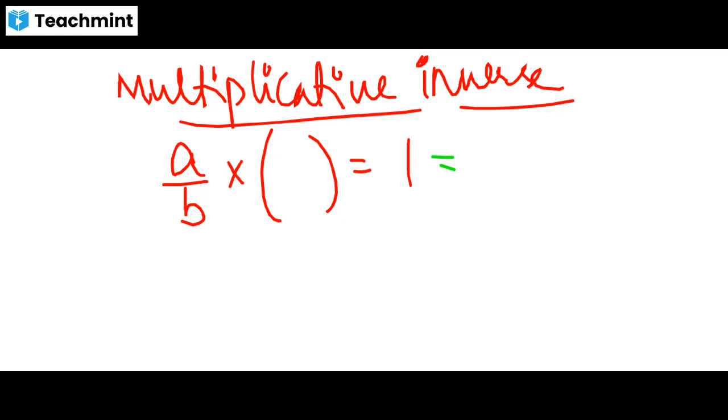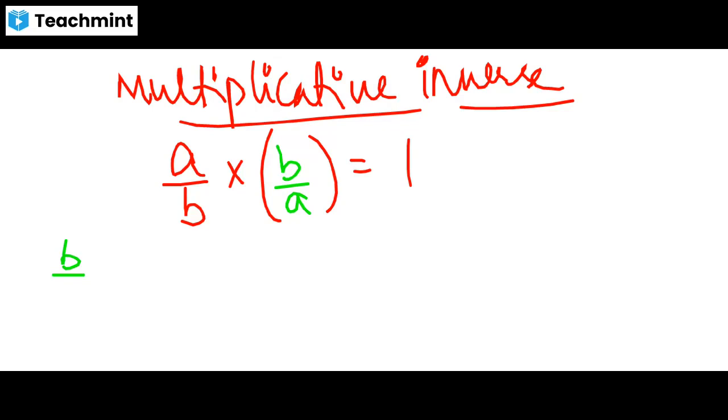B by a, ma'am. Very good. B by a. So a by b, if you multiply it with b by a, you get the answer as 1. So we can say b by a is the reciprocal or multiplicative inverse of a by b.